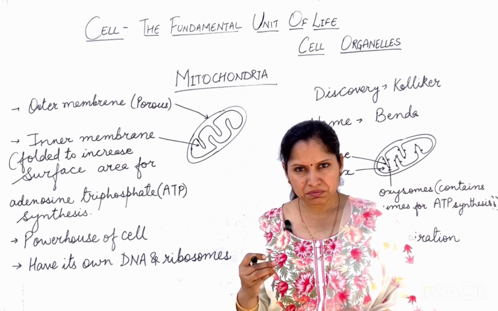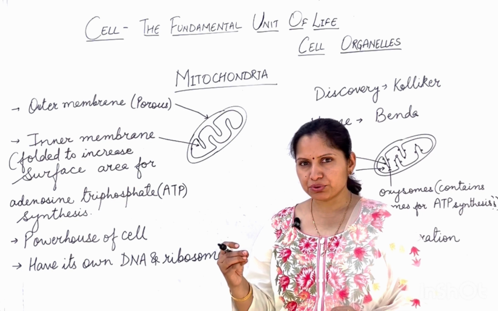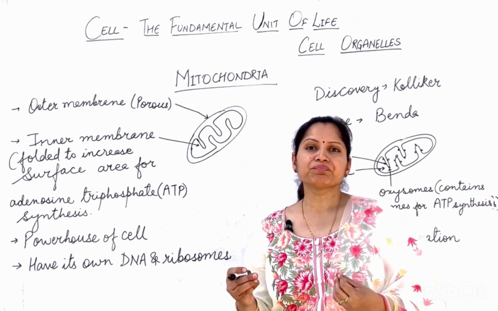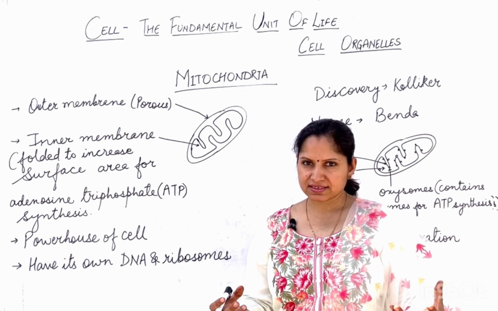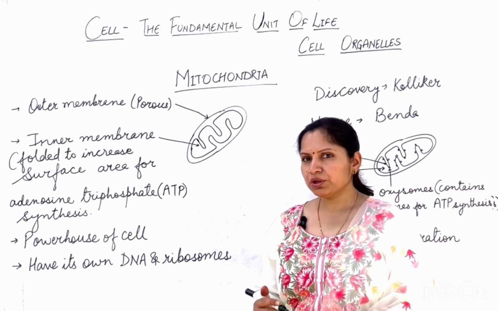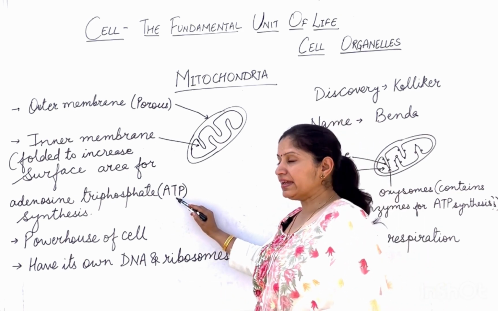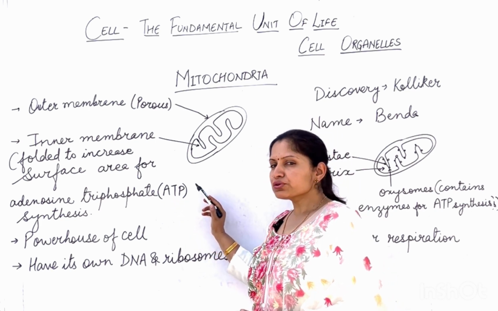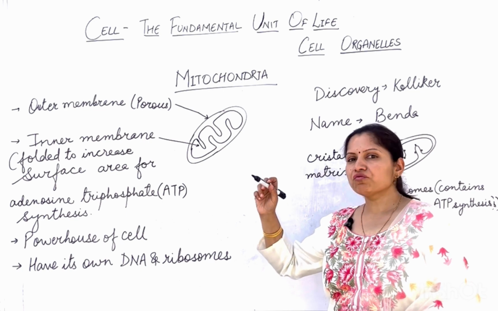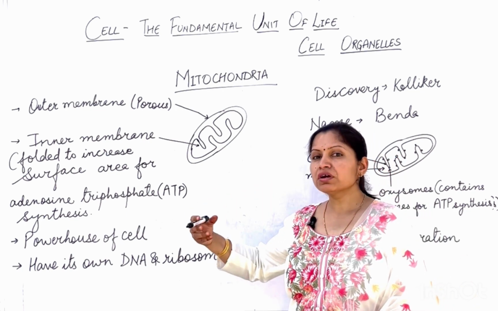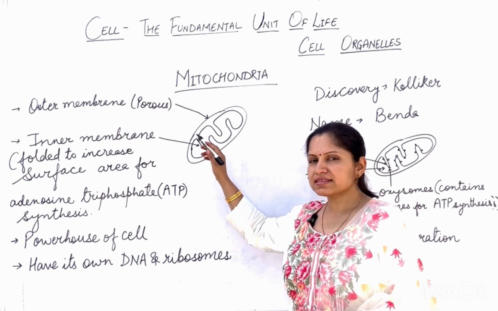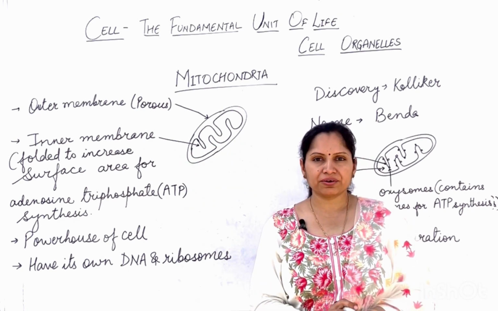Cellular respiration means glucose will be broken down into its components, that is carbon dioxide and water, and energy will be released. This energy will be stored in the form of ATP, adenosine triphosphate. So, this process of breakdown of glucose to form ATP, and this ATP storage, is done in the mitochondria.